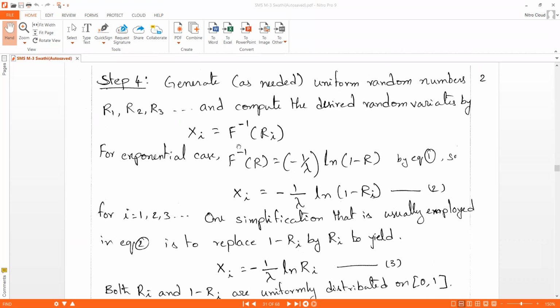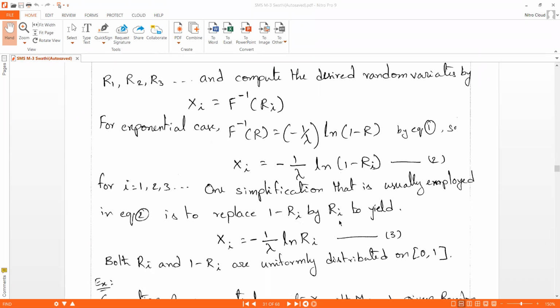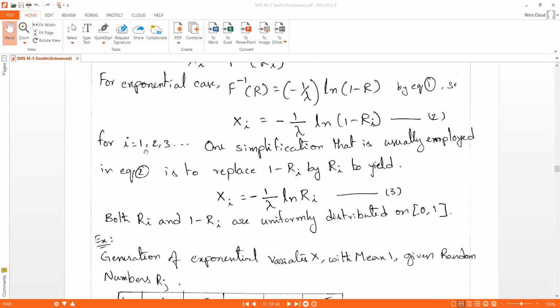This is nothing but xi. So xi is equal to minus 1 by lambda into ln of 1 minus ri, for i equal to 1, 2, 3, 4 and so on.